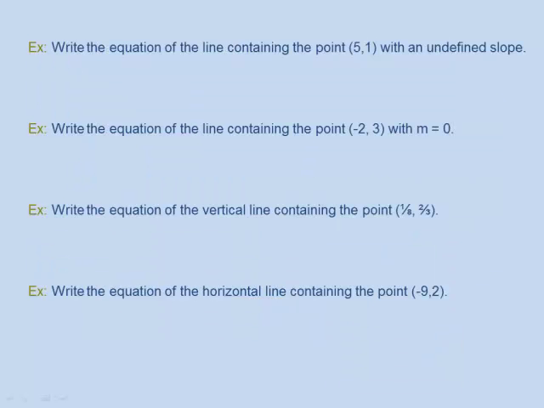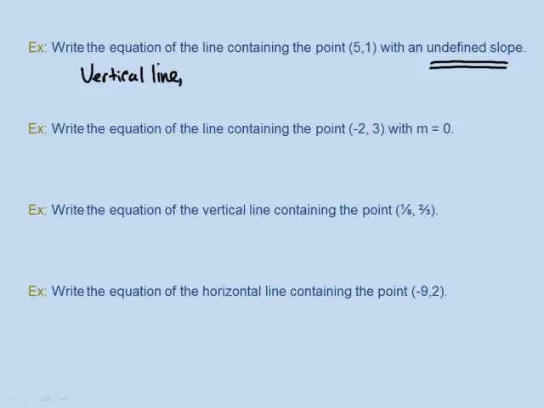So knowing that, let's find the equation for these 4 examples. The top example says, write the equation of the line containing the point (5, 1) with an undefined slope. All right, you know that an undefined slope means a vertical line. And vertical lines are always missing a y variable.